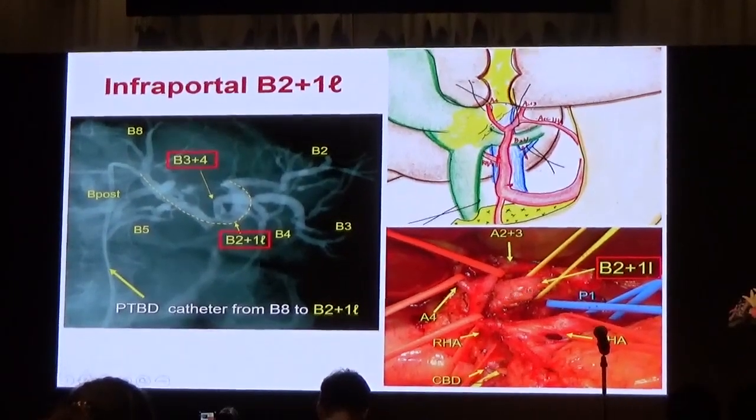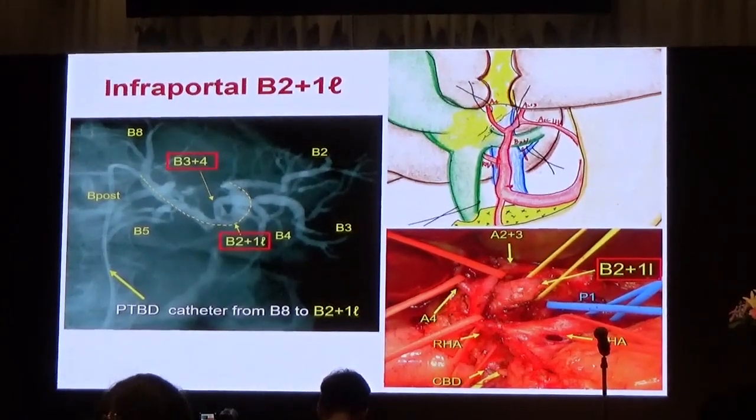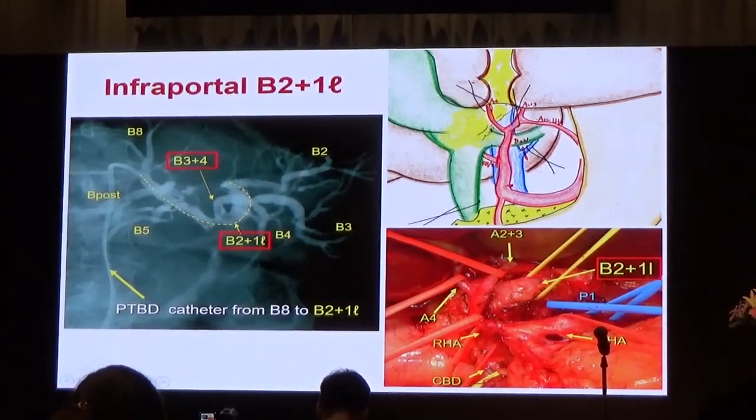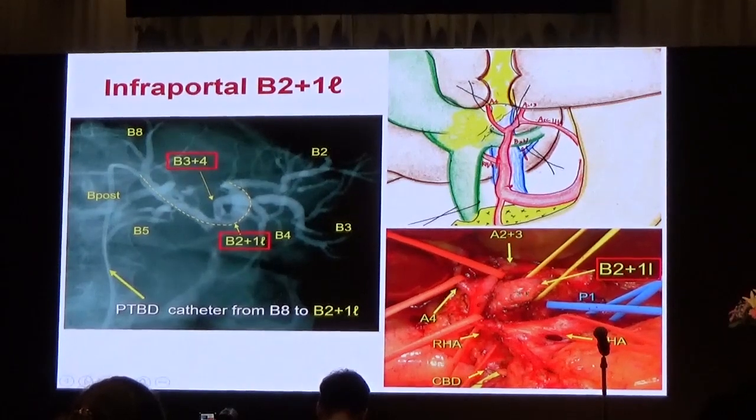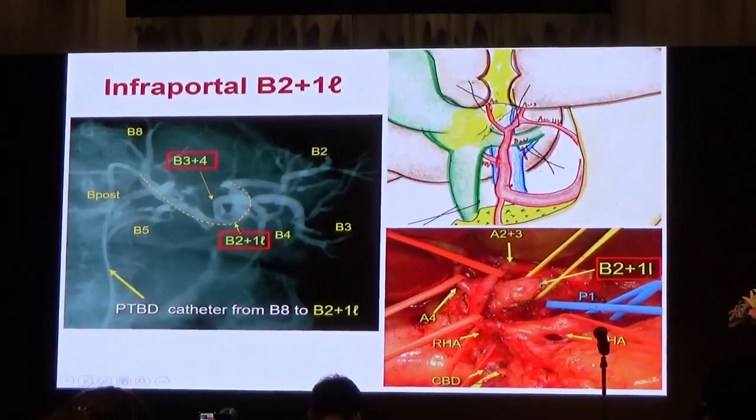This branch, including B2 plus B1L, passed caudally to the umbilical portion of the portal vein, and passed behind the hepatic artery and above the portal vein here. Very strange anomaly.